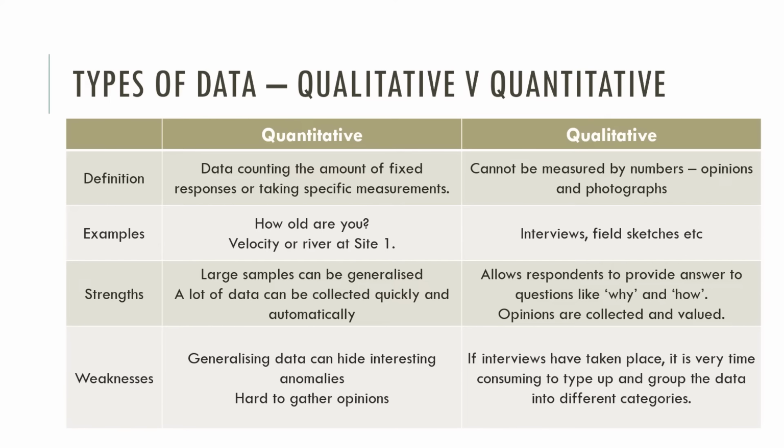So you've also seen there's primary and secondary data. There's also what we call qualitative and quantitative. Again, differences are summarized in the table, but essentially quantitative is data that can easily be classified into numbers, or it gives you the amount. So for example, how old are you? It's a single response or a very short response, whereas qualitative is where it can't really be measured in numbers.